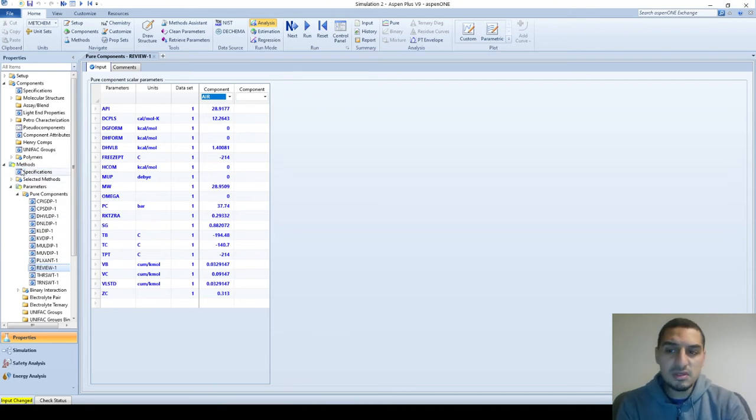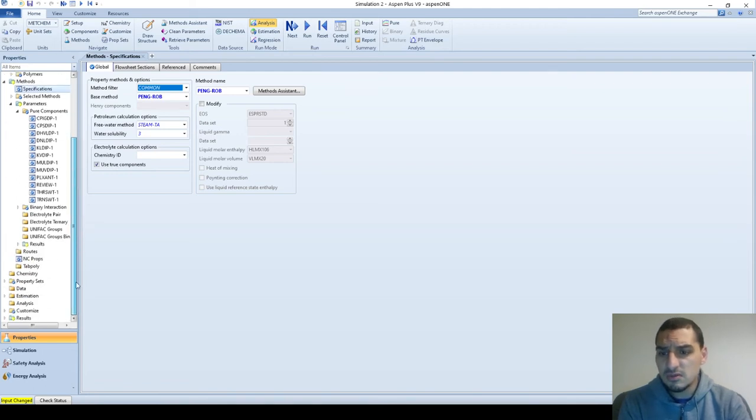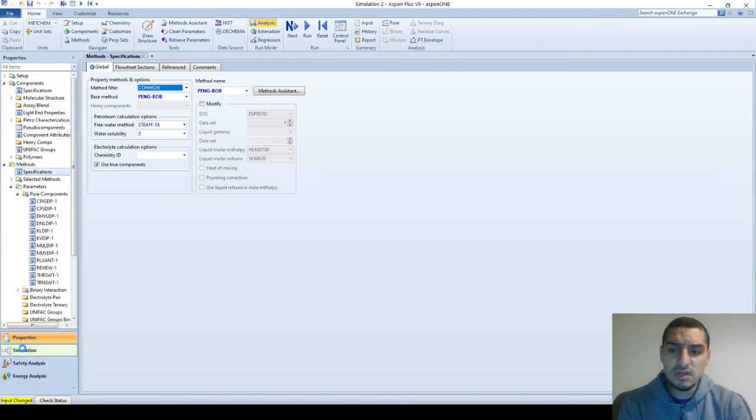Since we are doing compression and we are gonna work at high pressures, we're gonna use any cubic equation of states. You can use Peng-Robinson, you can use SRK, you can use Lee-Kesler, whatever. They're all gonna give very close results. So let's go and see what we're gonna do in the simulation.